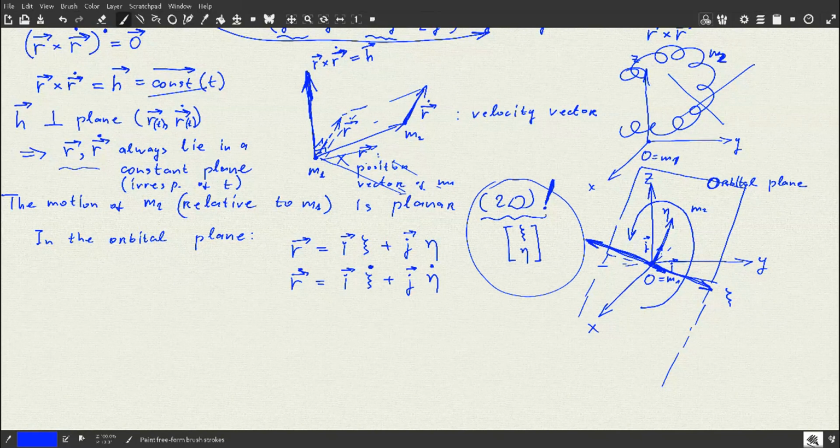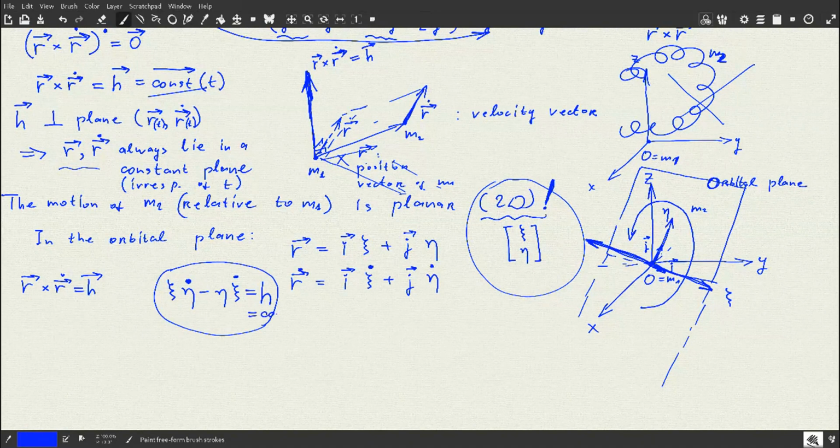Okay, so in particular, this means that if we consider this equation r cross r dot equals h, this means that psi eta dot minus eta psi dot equals some constant h, where h is the absolute value of our vector h.